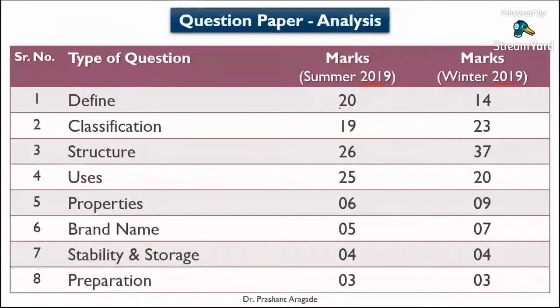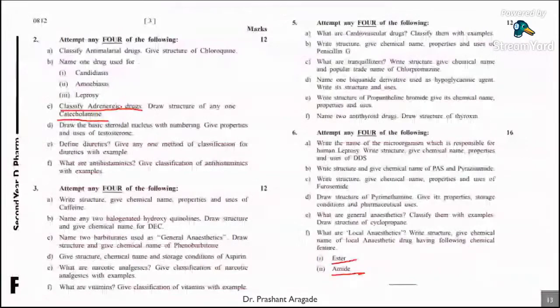So if you read this summary table very carefully, you will come to know the different types of questions asked in an exam. So, definition type of questions. Suppose they have not asked for the definition, for example, classify adrenergic drugs, but you have to start your answer with the definition. Whenever such a type of question is asked, your answer should start with the definition of that particular drug.